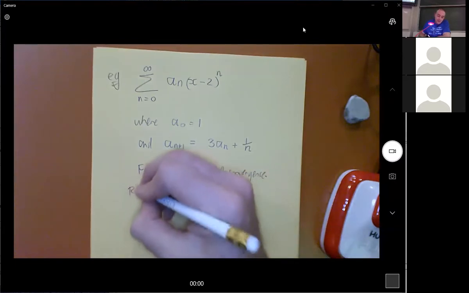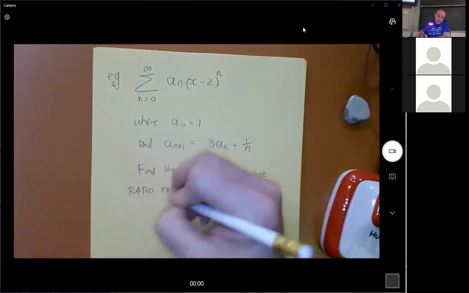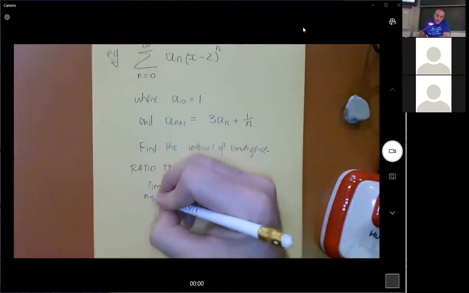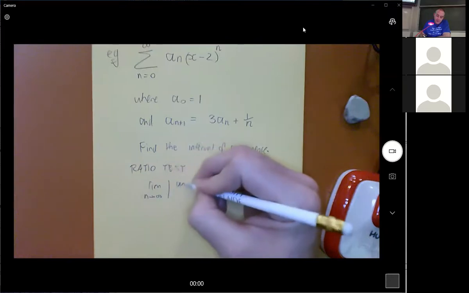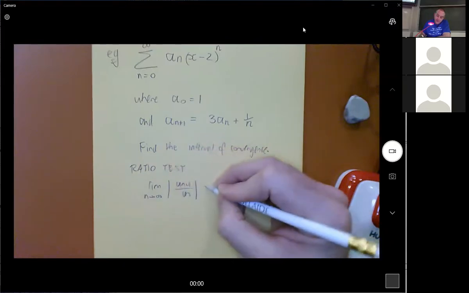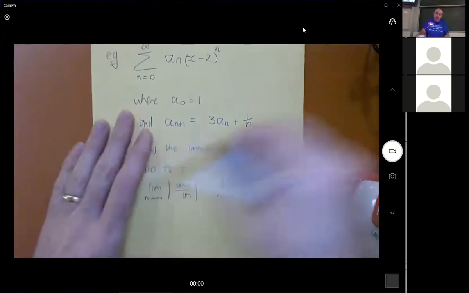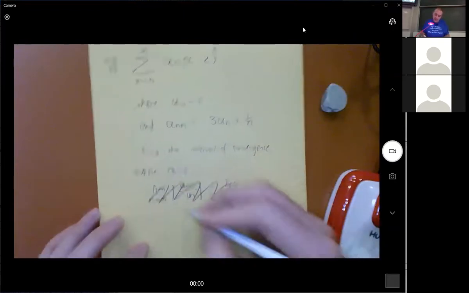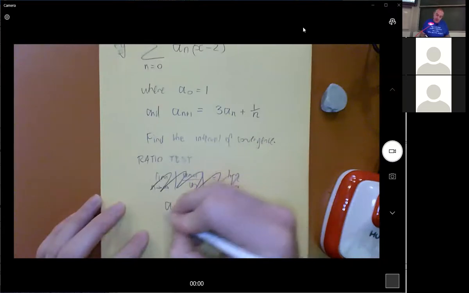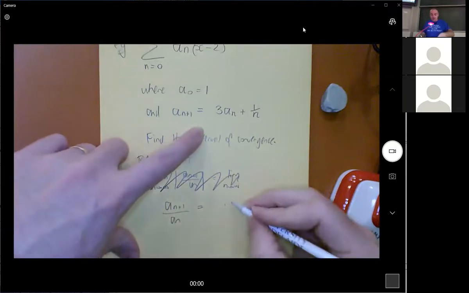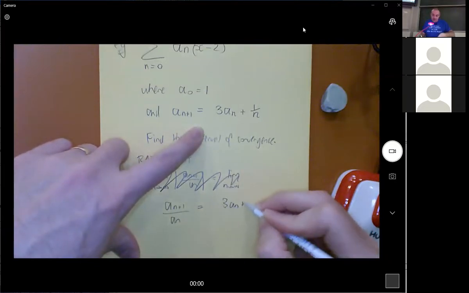So I'm going to do the ratio test. The limit as n goes to infinity of the absolute value of an plus 1 over an. Well, an plus 1 is 3 lots of an plus 1 over n.